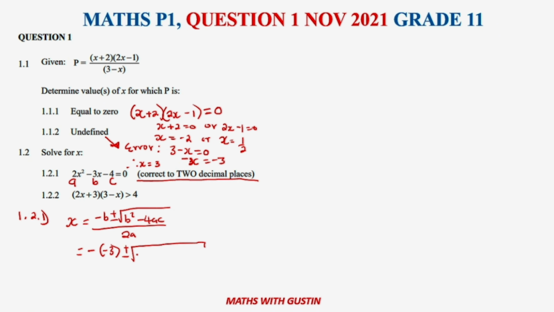What is b there? b is minus 3, squared, minus 4 times a, which is 2, and then c is minus 4. You must take these numbers together with their signs, guys. Don't leave their signs out and think that you are going to get this right, because that's where a lot of us make a mistake. Therefore a is equal to 2.